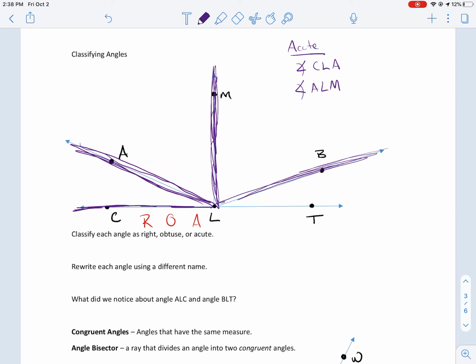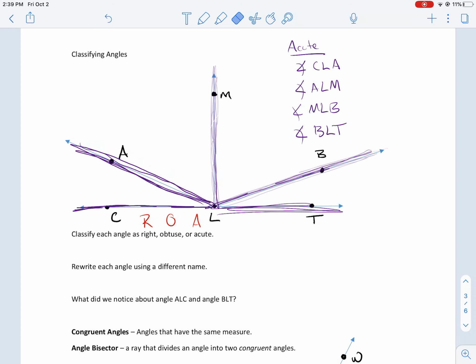Here's another one, angle MLB. And then finally, this last one, and my favorite sandwich, BLT, right? Who doesn't like a good BLT? So those are all our acute angles, okay? By acute, I mean they're less than 90 degrees, right? And again, we're just going by what they look like, okay?